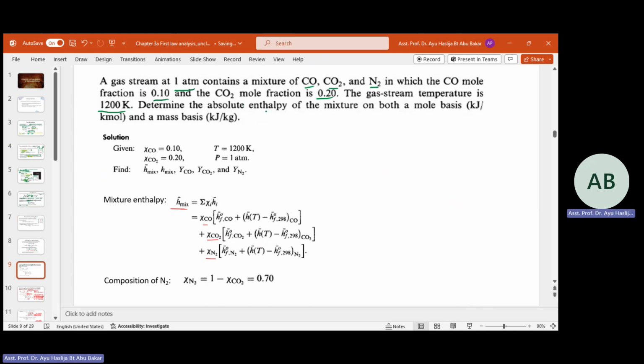Determine the absolute enthalpy of the mixture on both mole basis and mass basis. Okay, gas stream, this means it is the product stream already. Not fuel anymore, product.